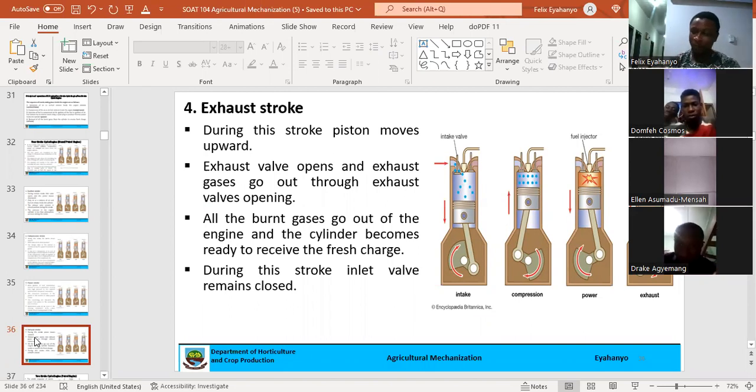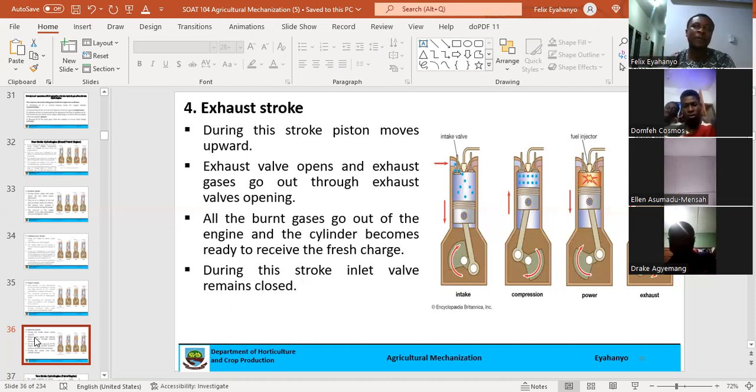All this action is happening quickly, because once you get into a car or a tractor, all you know is that once you ignite, it starts. But all these stroke actions are already taking place, from the fuel in the tank to the compression to the ignition.